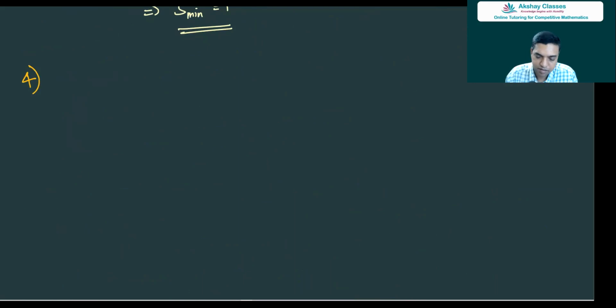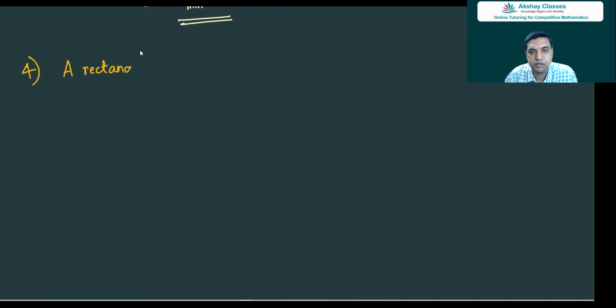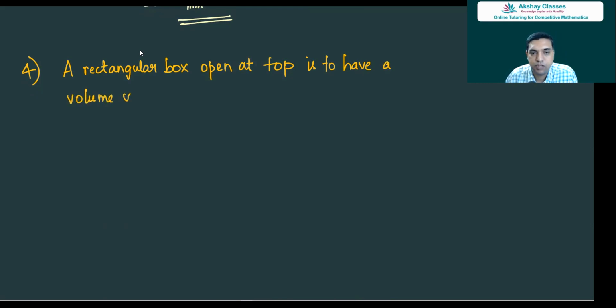This time, let us, this is a good one. A rectangular box open at top is to have a volume of 32 cubic feet.